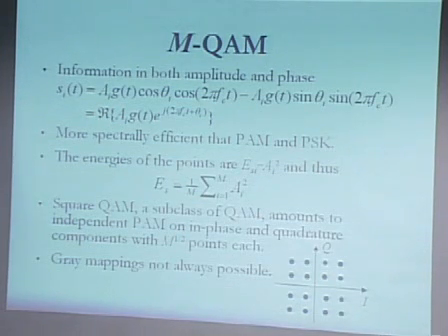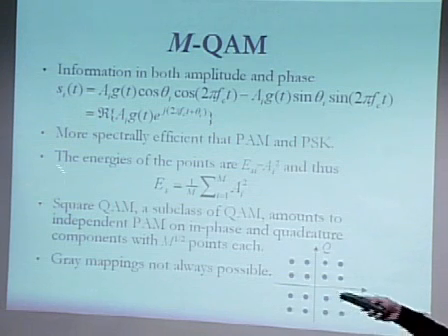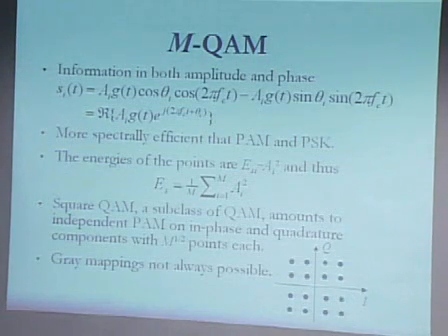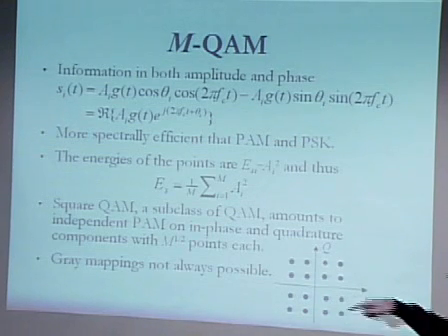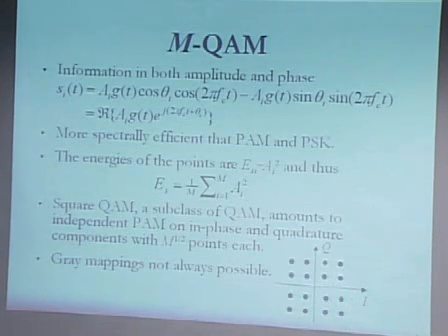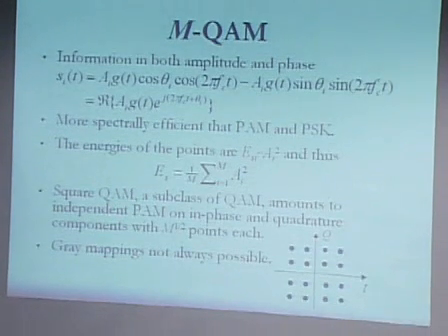There is a very popular form of QAM, which is square QAM, which is built by taking two PAMs and putting them in quadrature, right? So building like a Cartesian product. In this case, you take two PAMs with 4 points. You multiply them out in Cartesian, and you get 16 points.